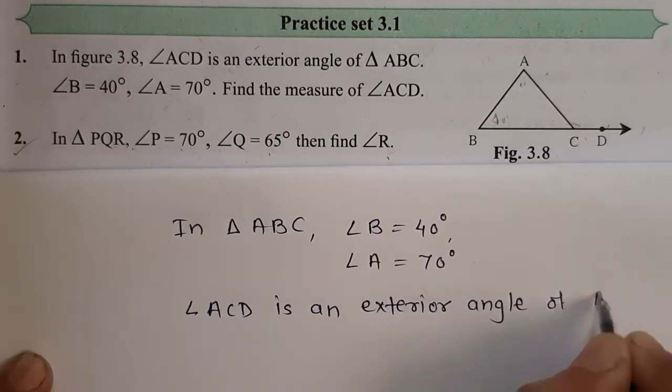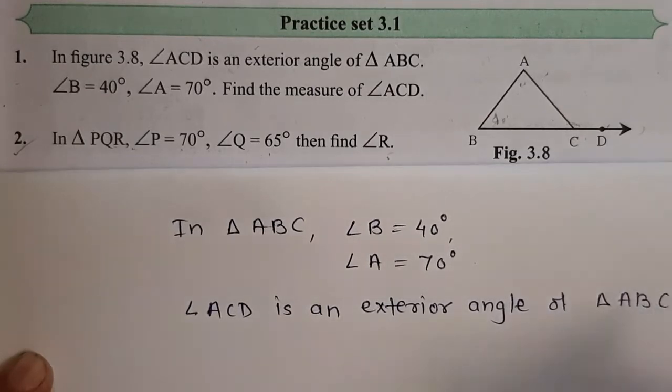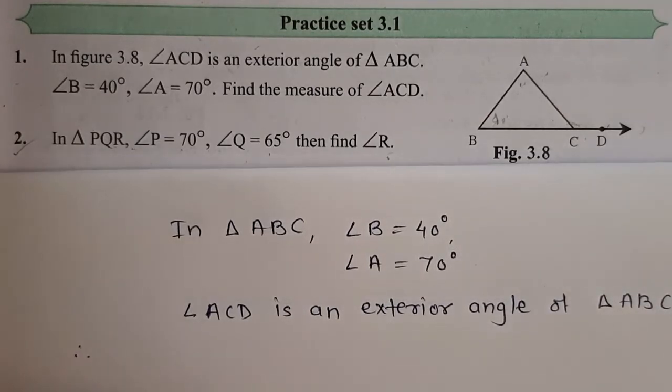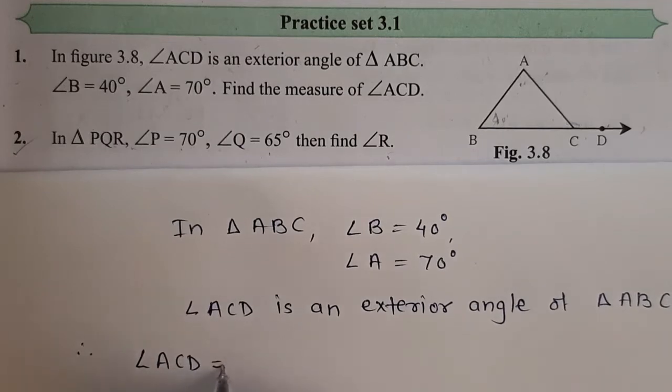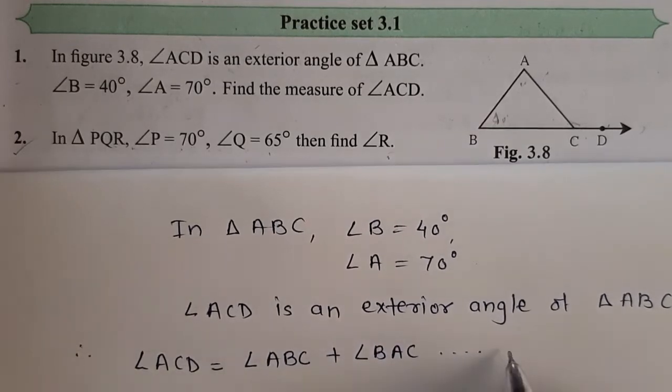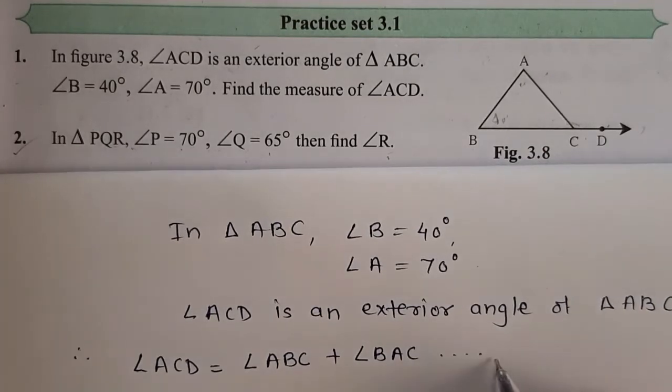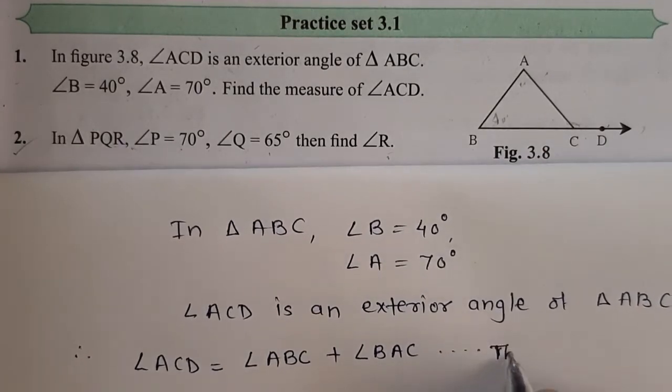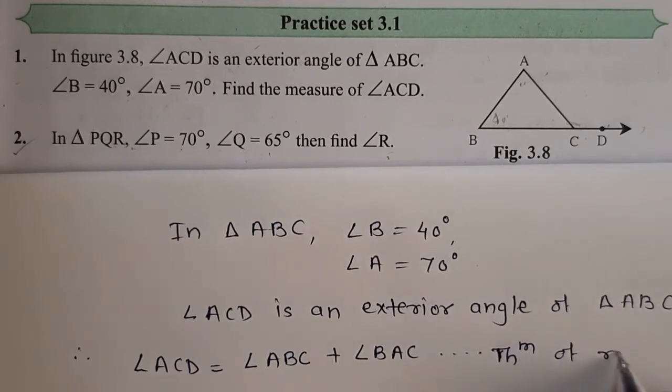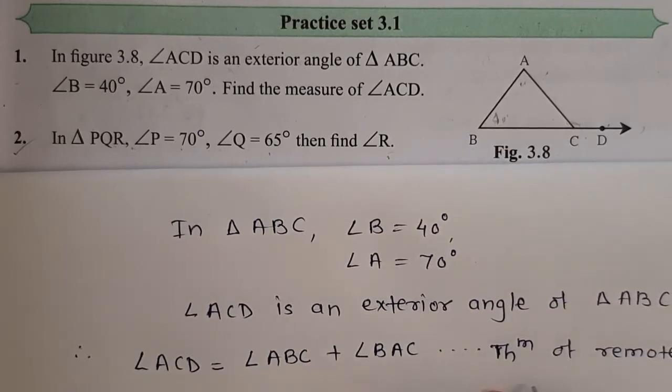Angle ACD is an exterior angle of triangle ABC. Okay, that means by using the remote interior angle theorem, we can write angle ACD equals the sum of the remote interior angles, angle ABC plus angle BAC, by the theorem of remote interior angles.